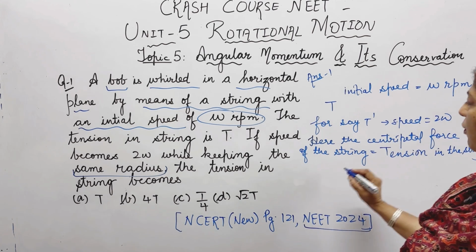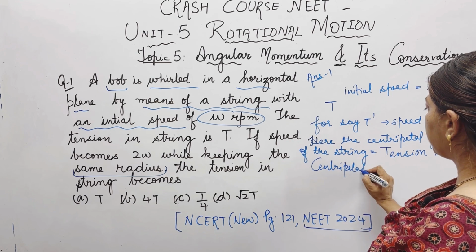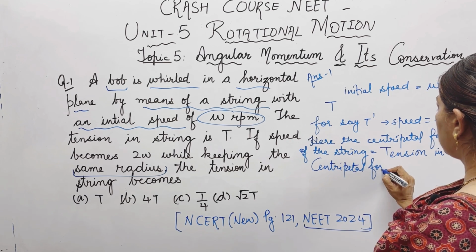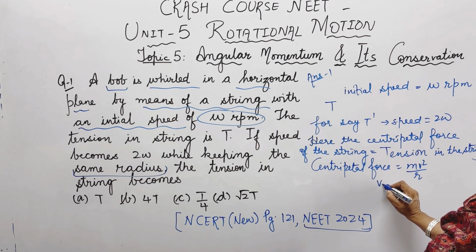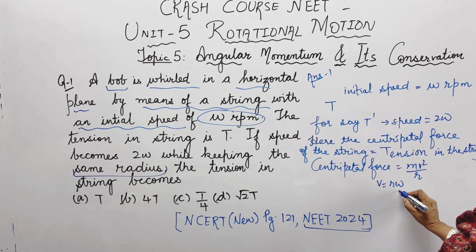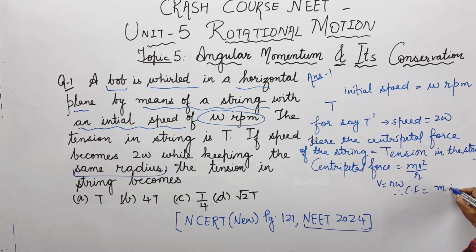So what is the formula for the centripetal force? It is mv square by r, and v is equal to r omega. Therefore centripetal force will become m r square omega square by r. So this will become mr omega square.